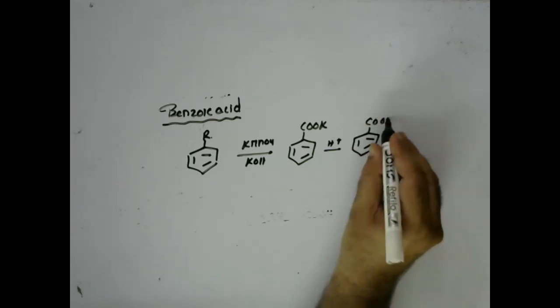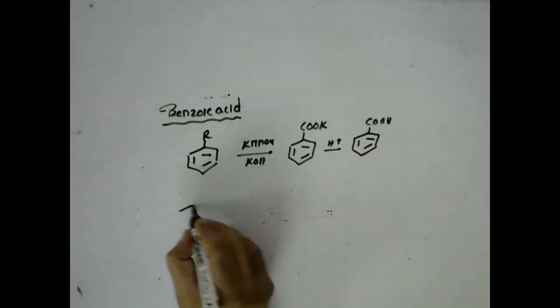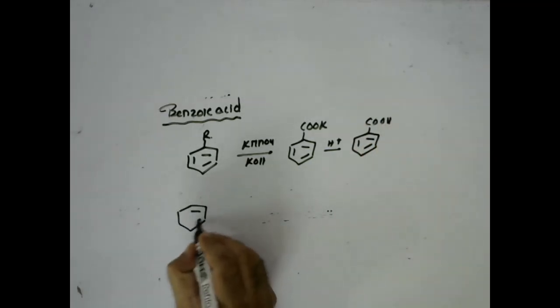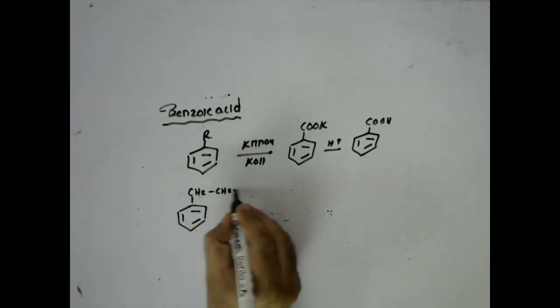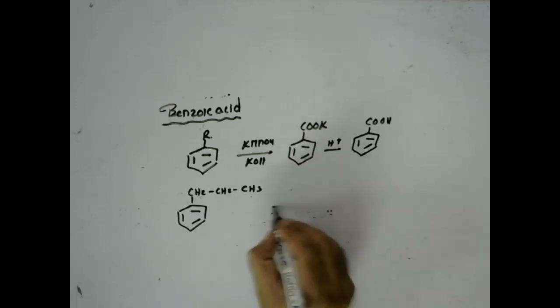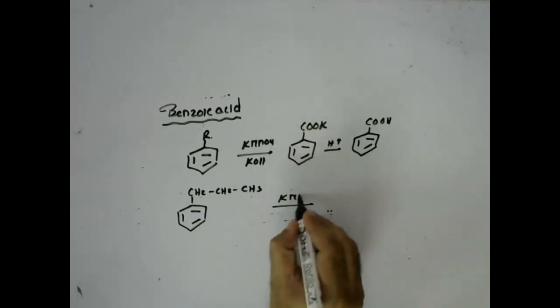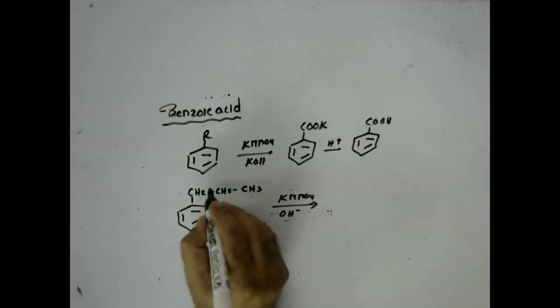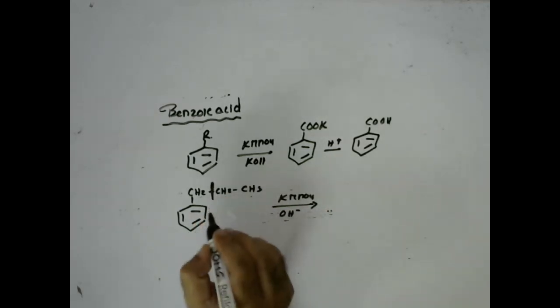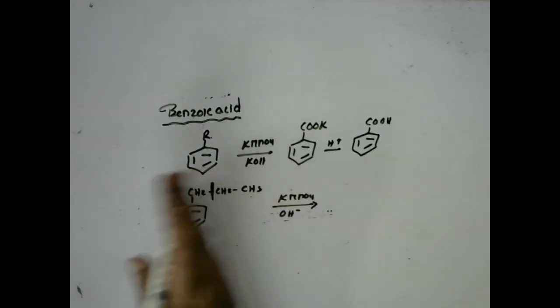Let me make myself more clear. Suppose we have this compound, benzene, with a group CH2, CH2, CH3 like this. We are oxidizing with KMnO4 in the basic medium. What is going to happen? The bond is going to break from here. So the molecule is going to break up into two parts, this part alone, this part alone.